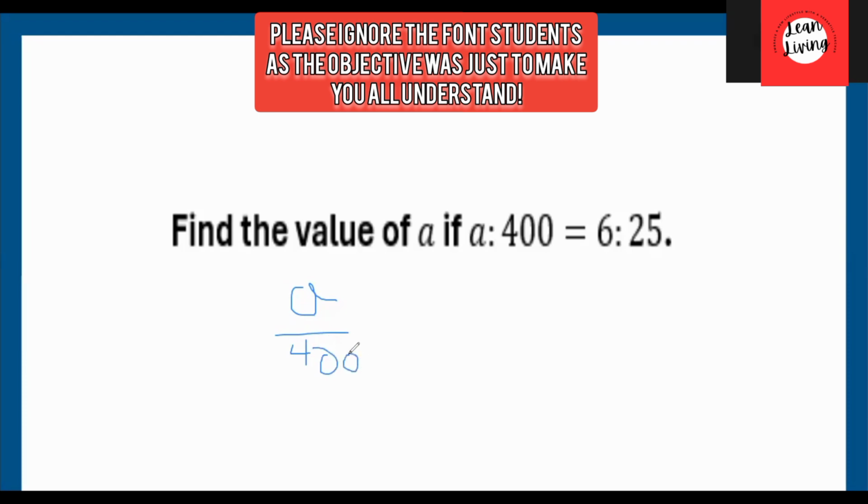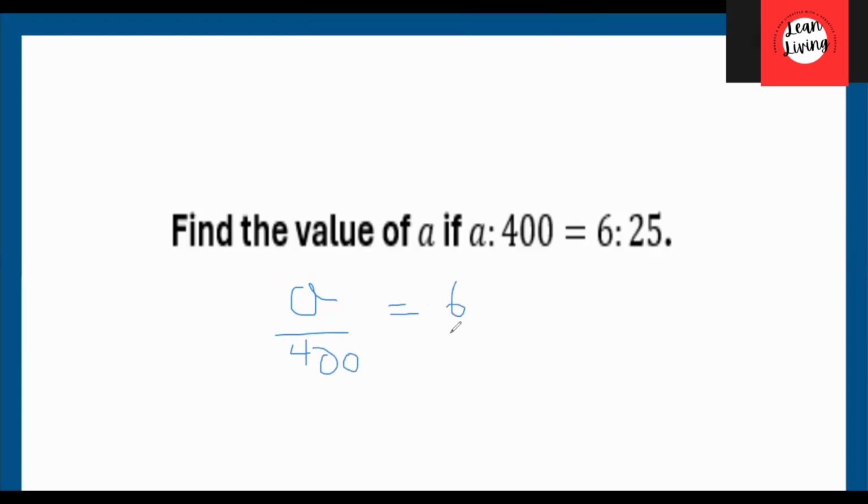A upon 400 is equal to 6 over 25. Once we have got that, what we are going to do? Simply cross multiply. So A times 25 is equal to 2400, right?